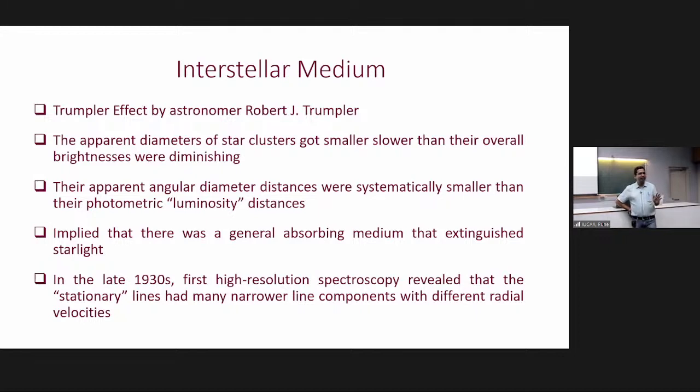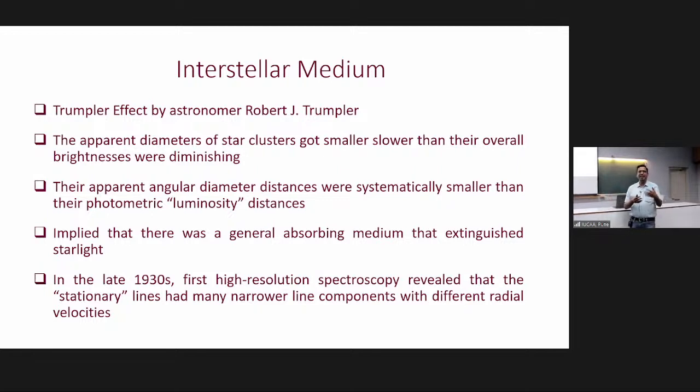Everybody understands this. So this mismatch between the angular distance and the photometric distance instigated him to say that there was some material present in the interstellar space. And when we go on measuring larger distances, the material also will become large.